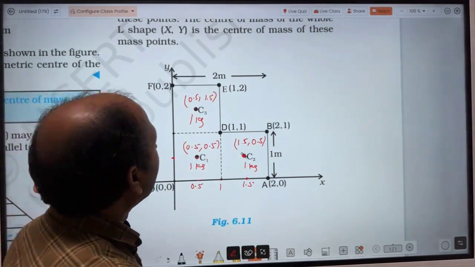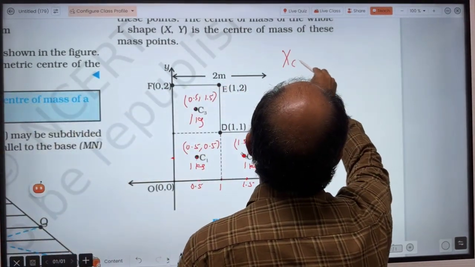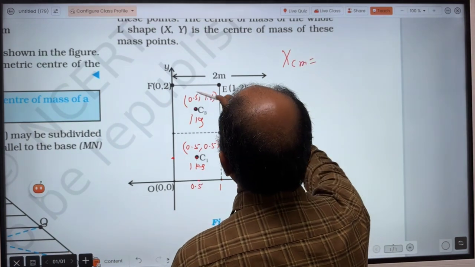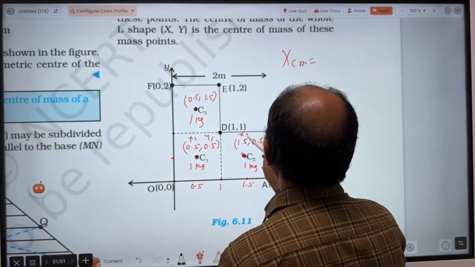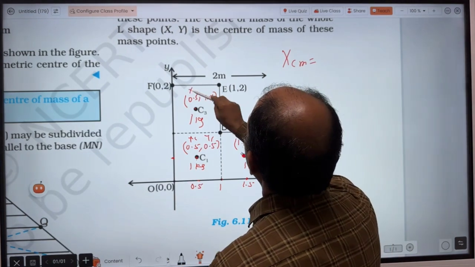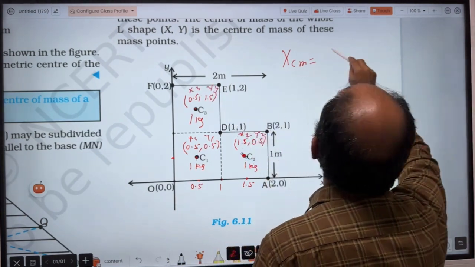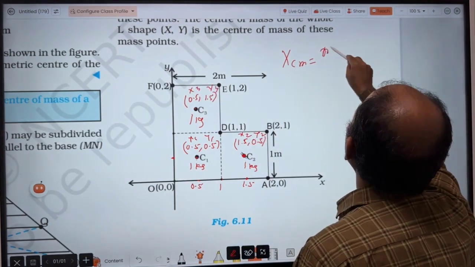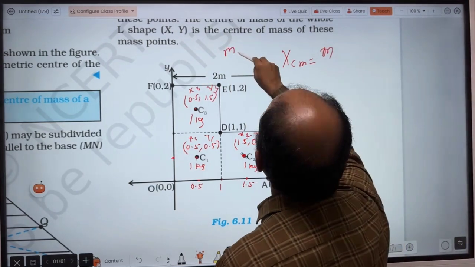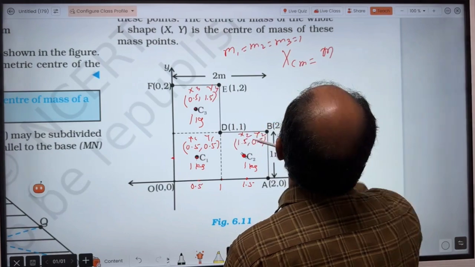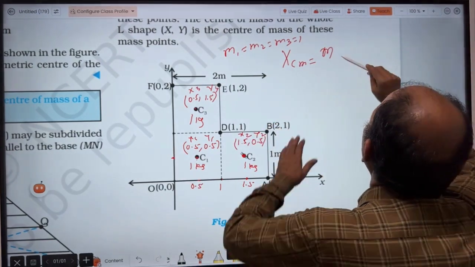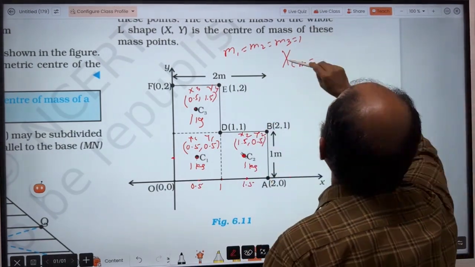Now, if you want to find xcm, it is very simple. Take this as x1, y1, this as x2, y2, this as x3, y3. Here m1 equal to m2 equal to m3 equal to 1 kg is given, so it's simple and I'm not writing them.